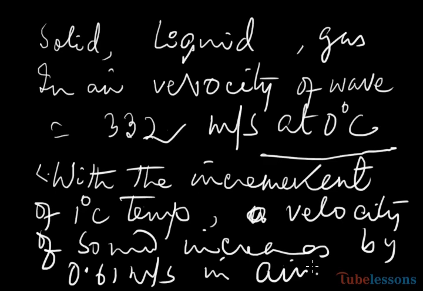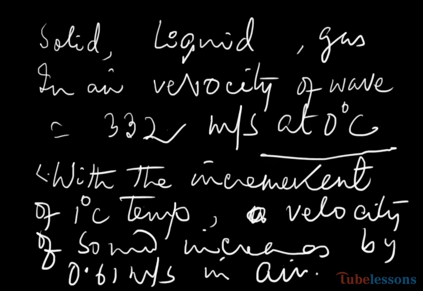So when temperature increases, velocity of sound increases in air, and with the increment of each Celsius degree of temperature, velocity of sound increases by 0.61 meter per second in air. So in the summer, the velocity of sound will be greater than the velocity of sound in winter in the air.